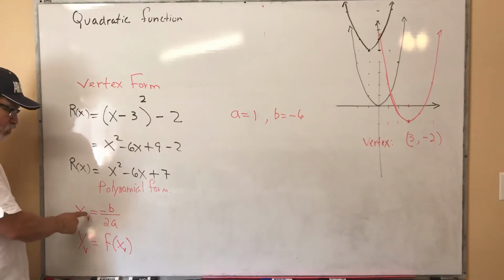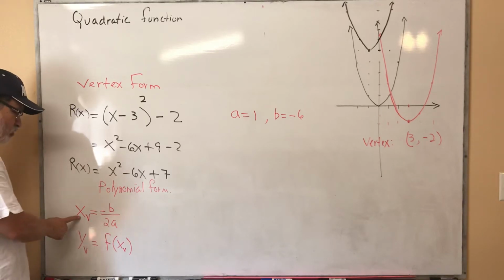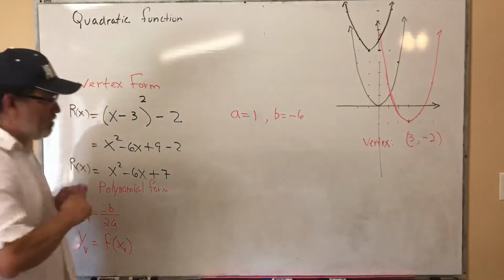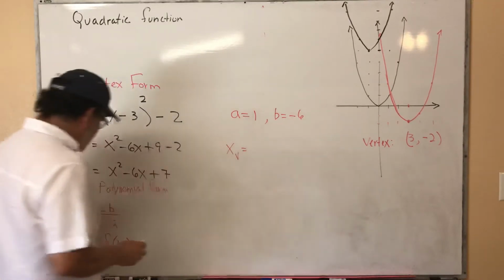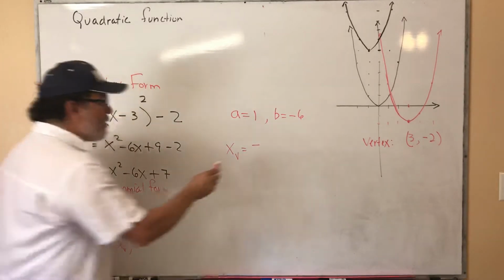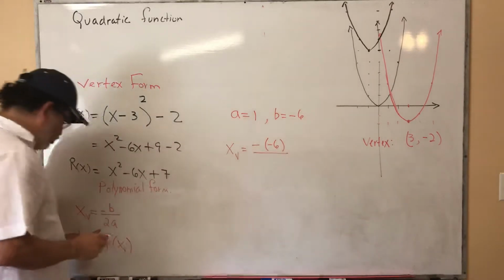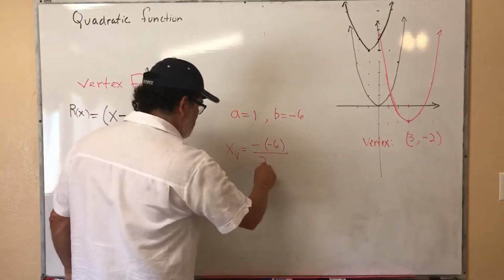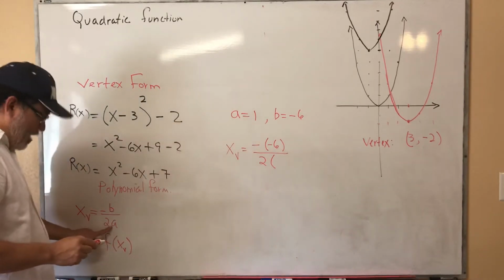I'm going to plug those values into this formula and find the x-coordinate of the vertex. So the x-coordinate of the vertex is negative b over twice a, which is 1.